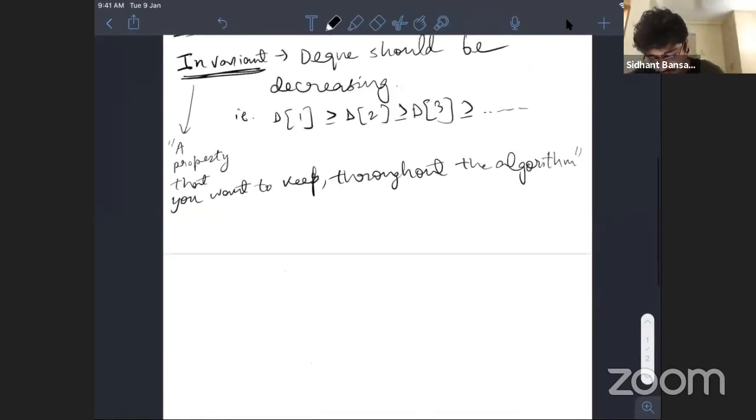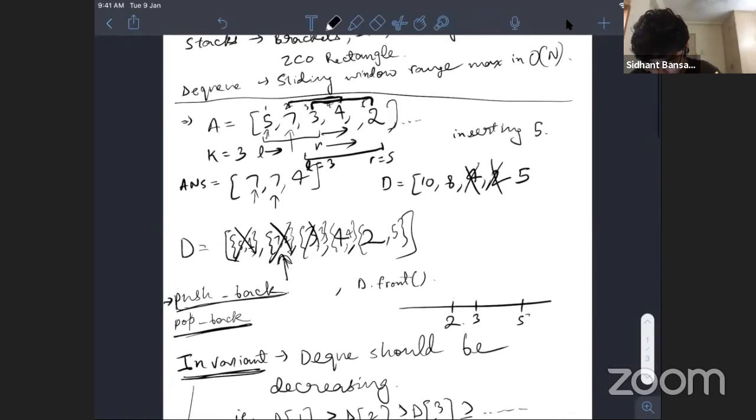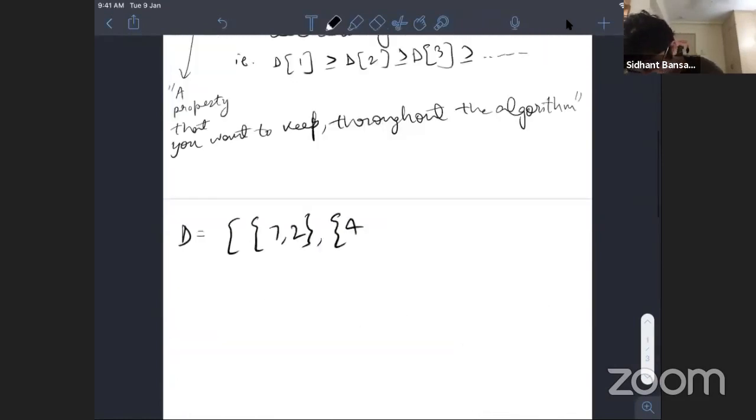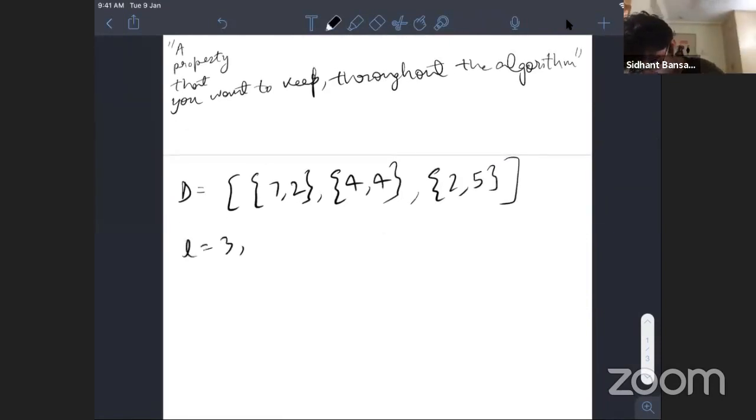So what I'm trying to say is that if your DQ had 7 2, then 4 4, and then 2 5, right? And your L was 3, R was 5.